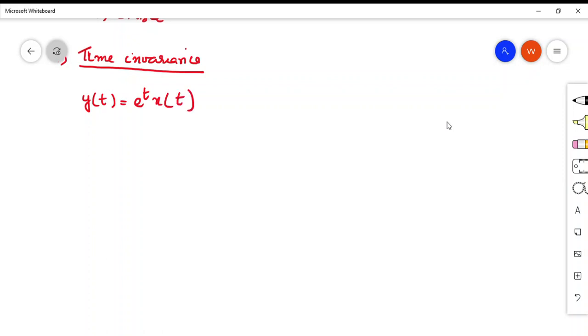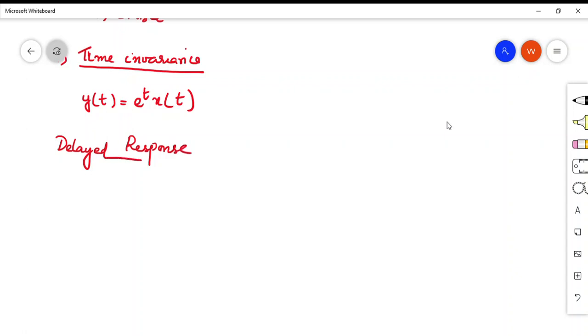First you have to delay your input x of t and find the response, then delay the response. First find the response, then you delay the response. So first we will see what is the delayed response.